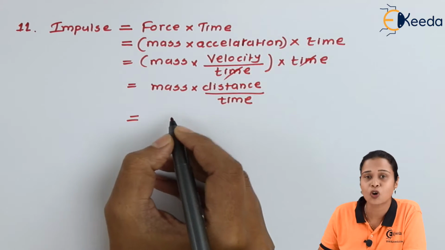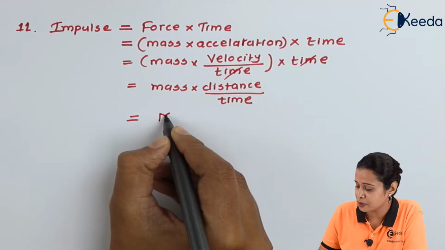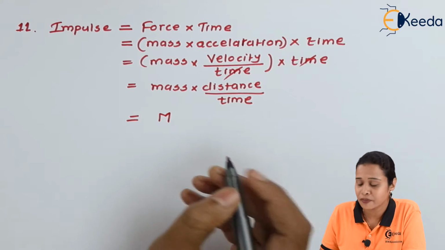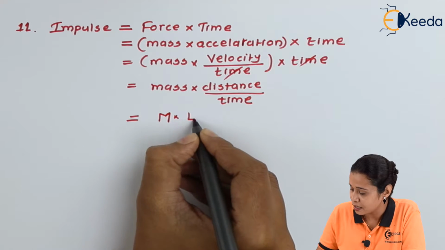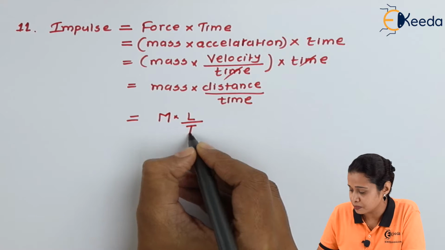Hence, here we have a quantity mass that can be expressed in terms of m. Then we have a distance, that is L, and then time.